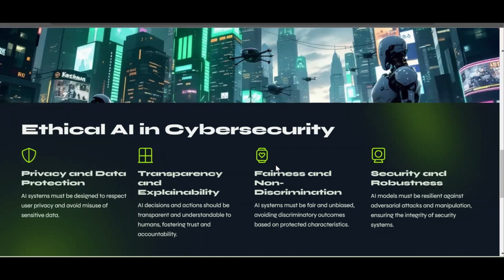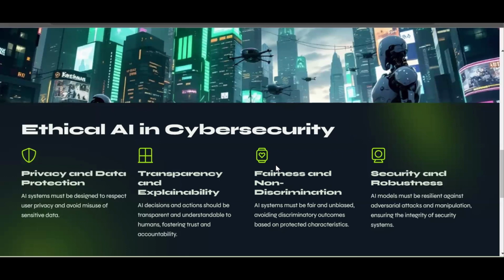Security and robustness. AI models must be resilient against adversarial attacks and manipulation, ensuring the integrity of security systems. As I said, it adapts itself, it continuously improves itself. So it should be resilient against adversarial attacks and manipulation, and nobody should do any sort of interference which would harm its integrity or the security of the system.